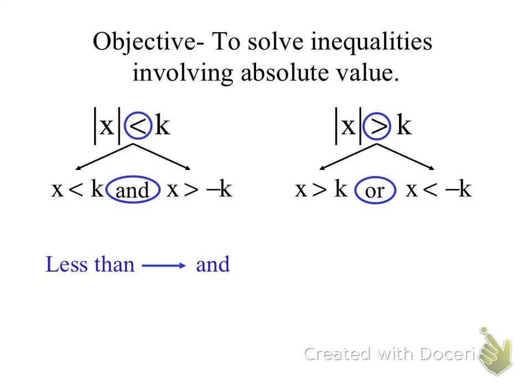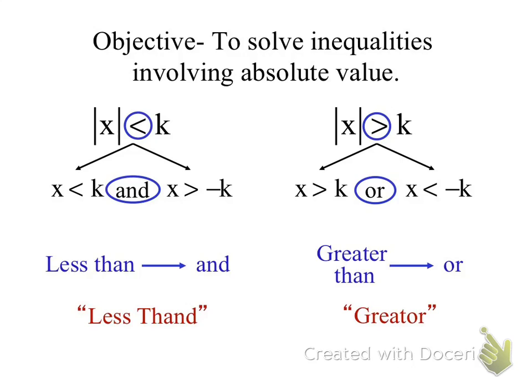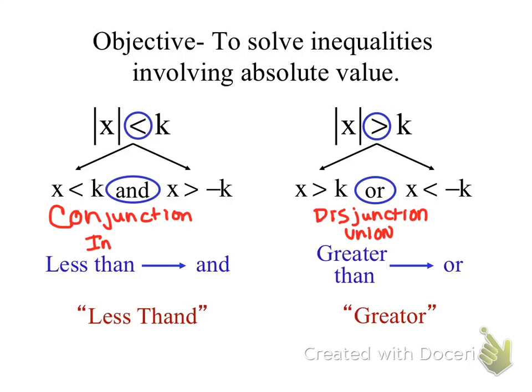A greater than is an or statement, which means it is a disjunction. This is a disjunction. Or it's also a union. Okay? Whereas this one is a conjunction, or an intersection.